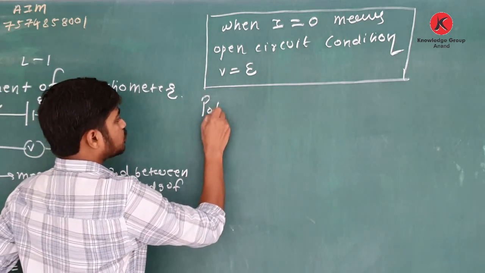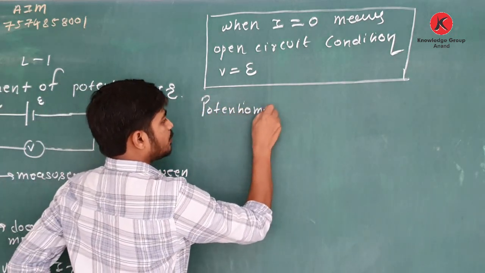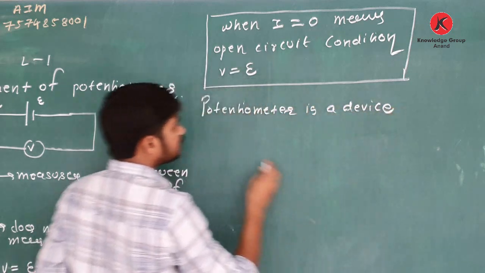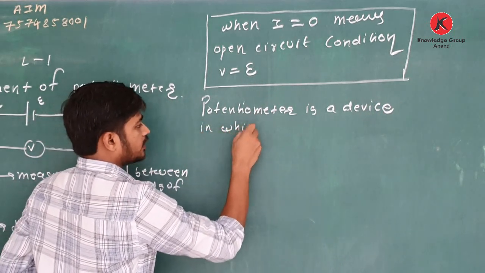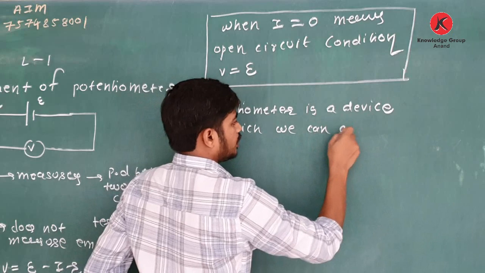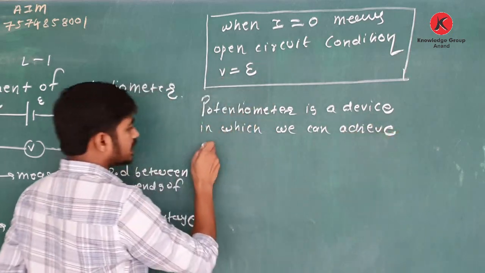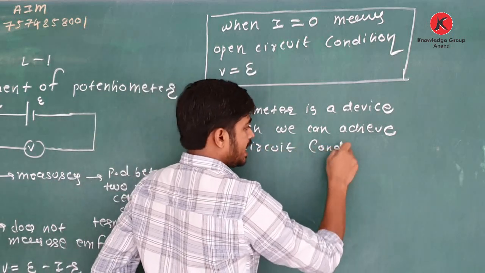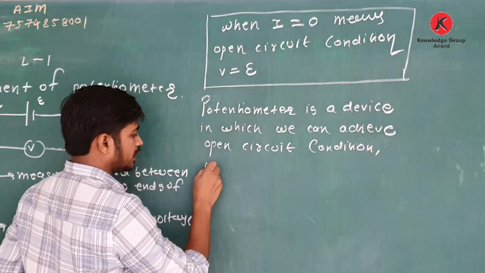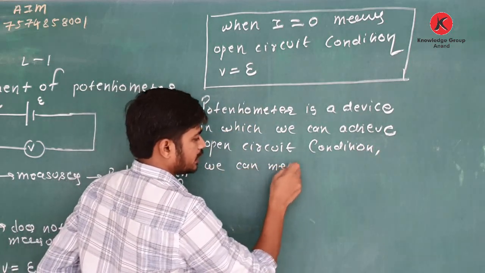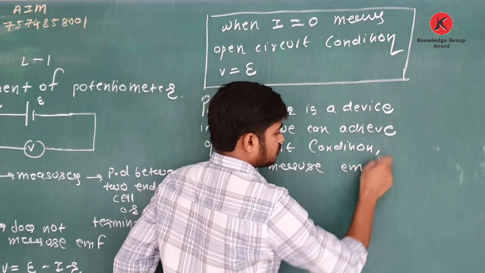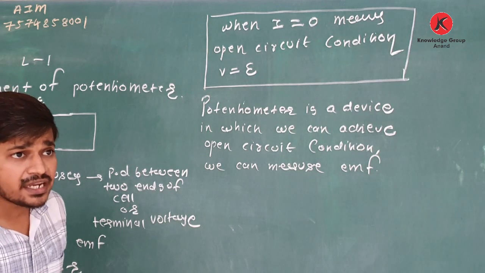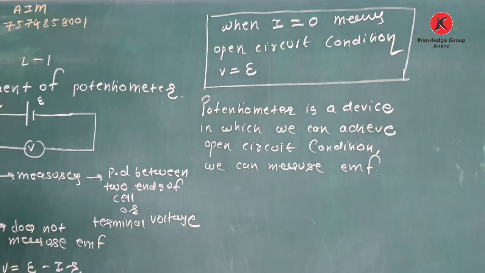What is a potentiometer? A potentiometer is a device in which we can achieve open circuit condition and we can measure EMF. Clear about this? So this is why it is required, the requirement of the potentiometer.